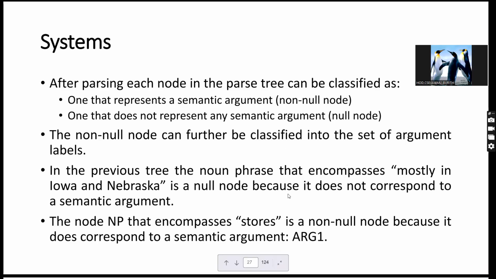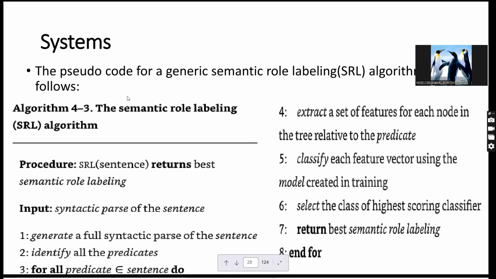Okay. And the algorithm used to create our predicate argument structure is the SRL algorithm, which is called the semantic role labeling algorithm. Here we first generate the syntactic parse of the sentence, and then we identify all the predicates which are available in the sentence. Then we repeat a loop for labeling of predicates in the sentence.